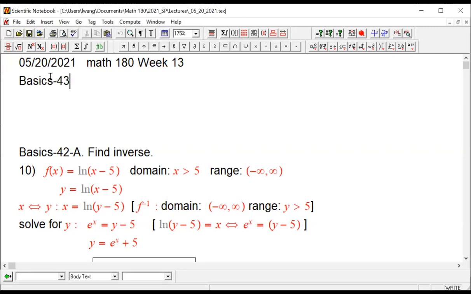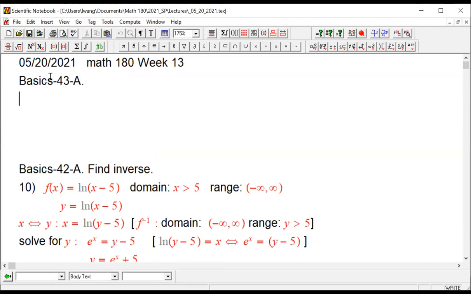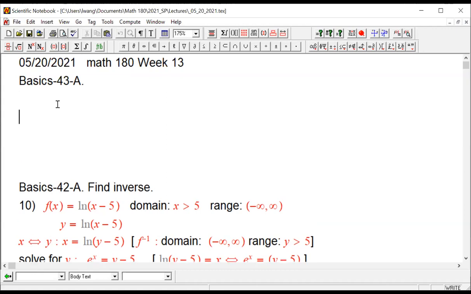Basics 43A. You may not see this kind of exercise a lot in your algebra classes or in your pre-calculus classes.